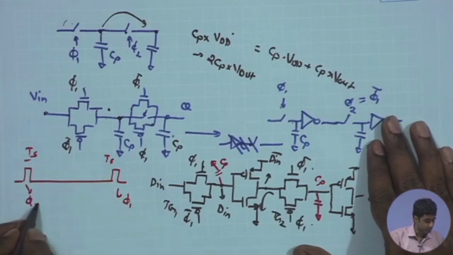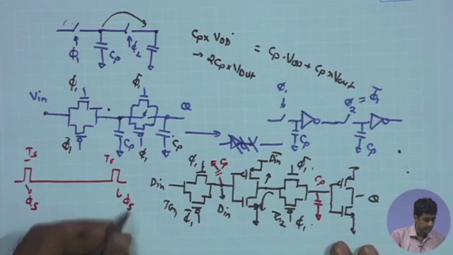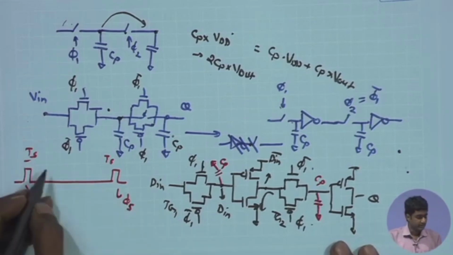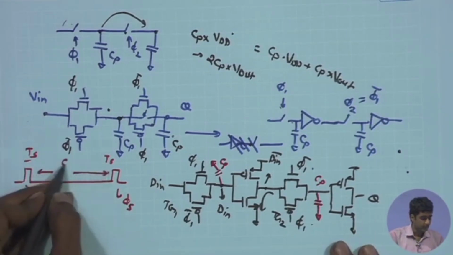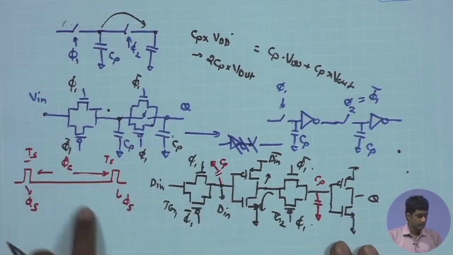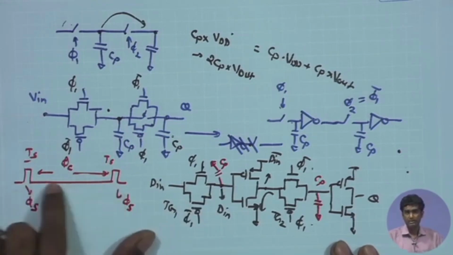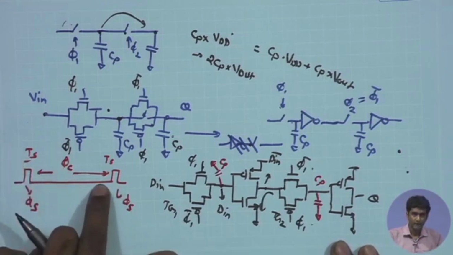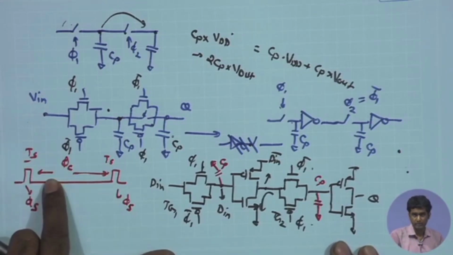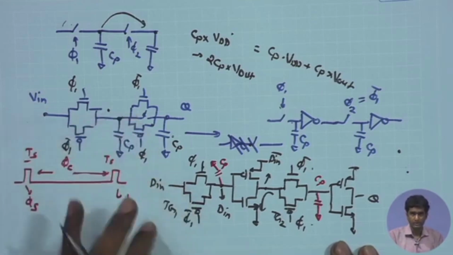Let me distinguish this from the phi 1 here. Here I have used phi 1 just for the clock, and here let me call this phi S, the sampling phase, and this is phi C, the conversion phase, where the ramp is happening and you are converting the data. For this entire duration, the MSB of the counter stays 1 for half the duration, 0 for half the duration. Therefore, the data is retained for a long duration for the MSB of the counter.